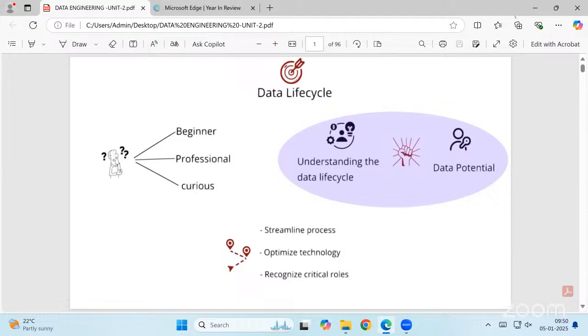And we can recognize the roles and responsibilities of people who work on data, the critical roles of individuals whose professional job is to work on data at different stages.